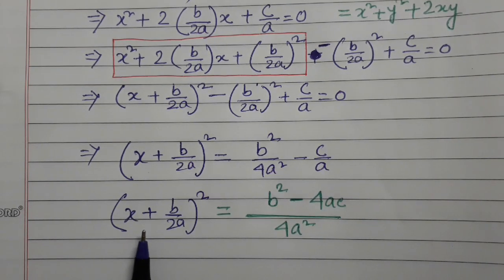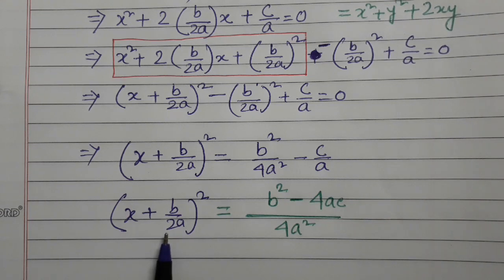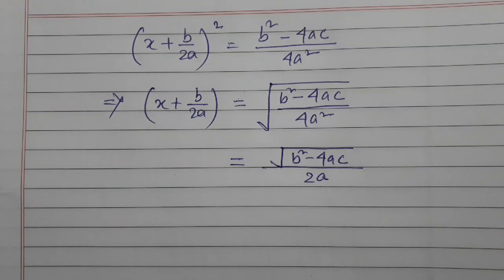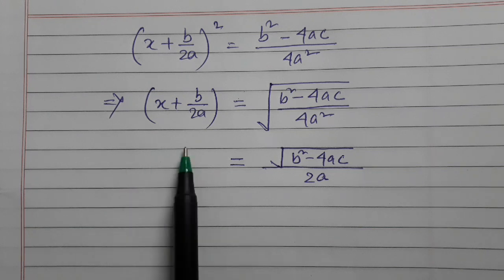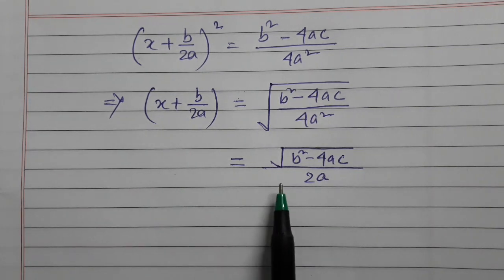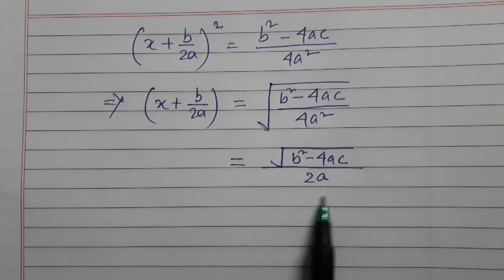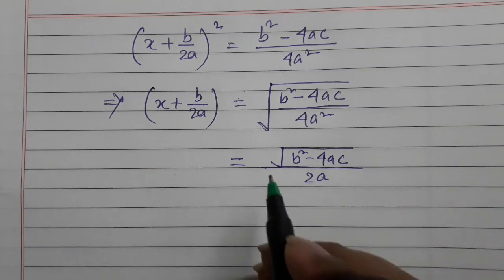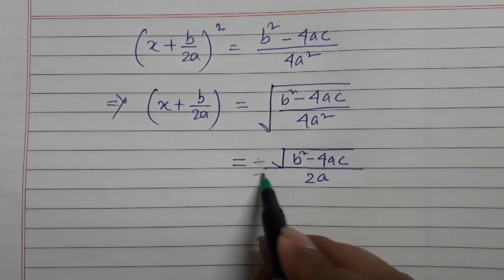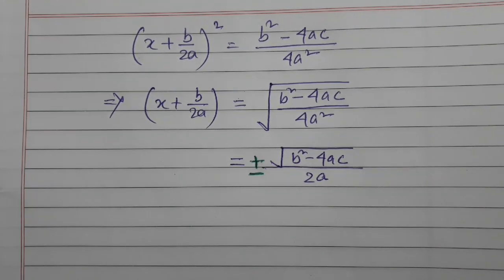Hence x plus b by 2a whole square will become b square minus 4ac by 4a square. Now we will take the square root on both sides. So after taking the square root, we will get x plus b by 2a equals to root over of b square minus 4ac by 2a. Now there will be a plus minus sign for taking the square root.